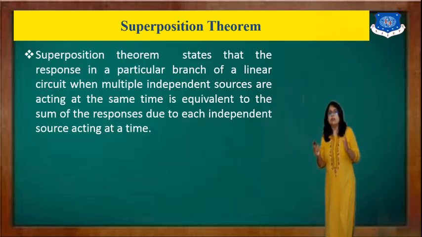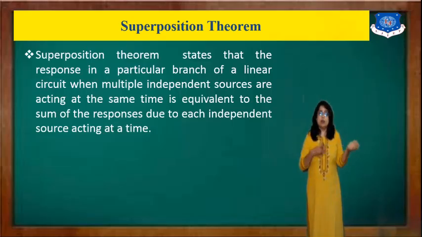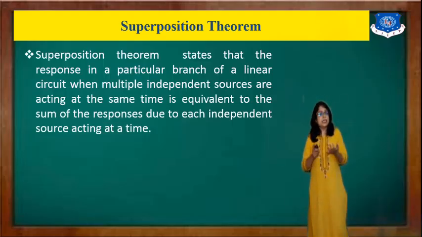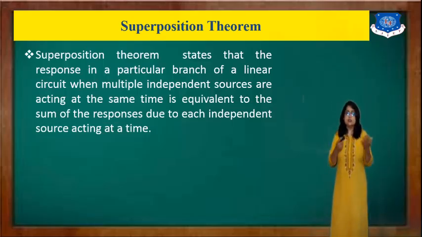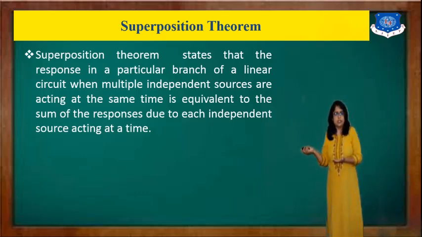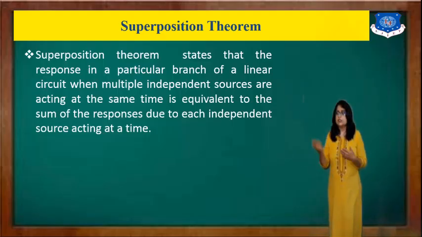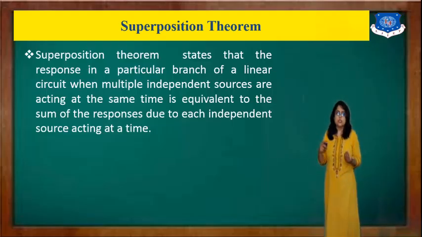That means here you have one network, and in that network you have many sources, which can be voltage or current. For example, I have 5 energy sources. They can be 5 voltage sources, 5 current sources, or a mix of voltage and current sources. So what can we do? We can consider a single source at a time, and then find the current and voltage, whatever it is, with the help of basic methods like mesh, node, source transformation.